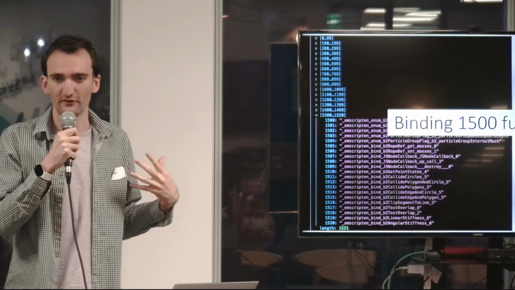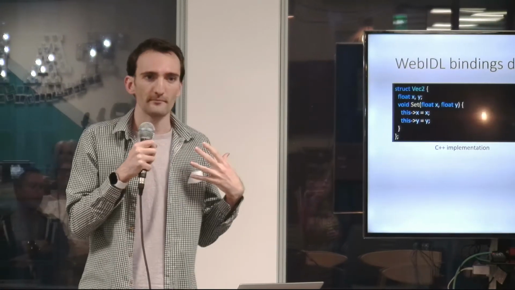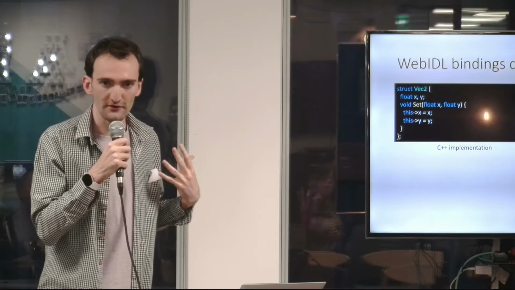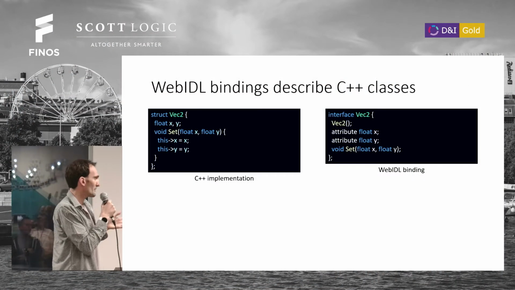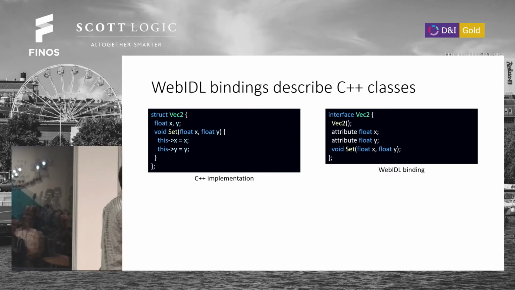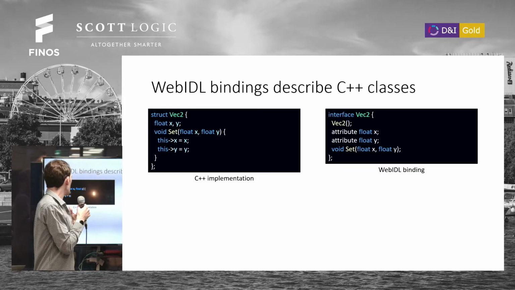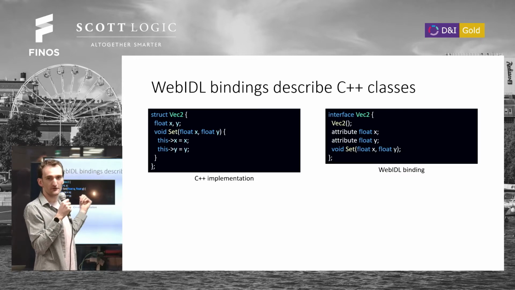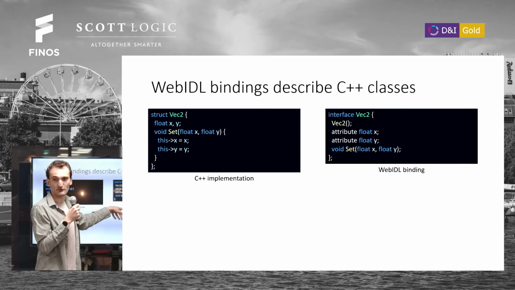How do we do 1,500 of these? So we need a language specification for saying what functions exist. So we use WebIDL. This is a format for declaring bindings. Our C++ class on the left can be bound to by this WebIDL description of it.